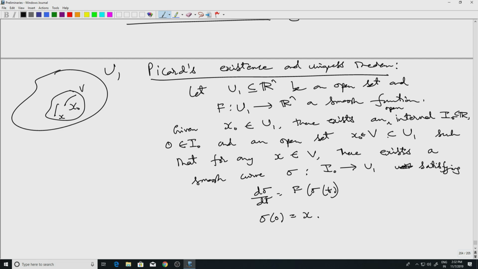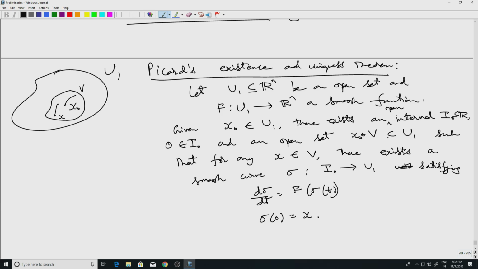The role of this interval I0 may not be clear at this stage, but it's very important. It typically very much depends on which point you are at. At some points the solution may be defined for a long time interval, at some points a very short interval.